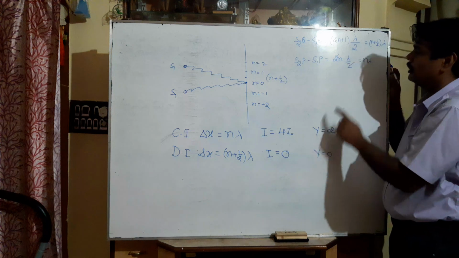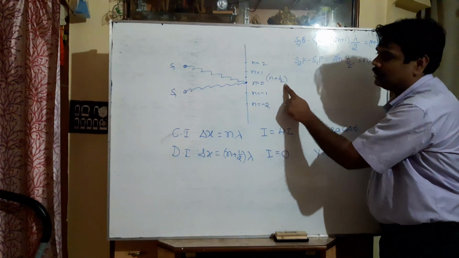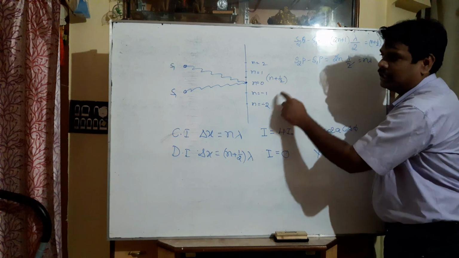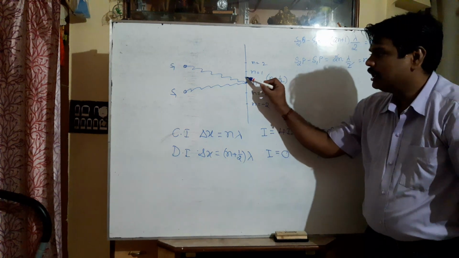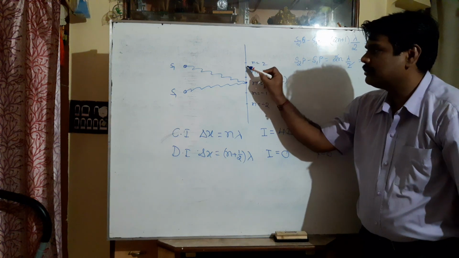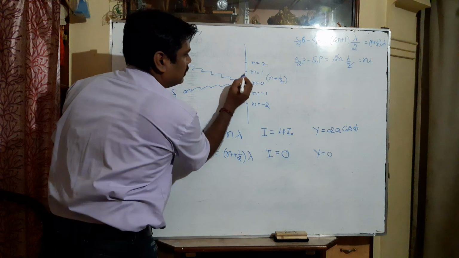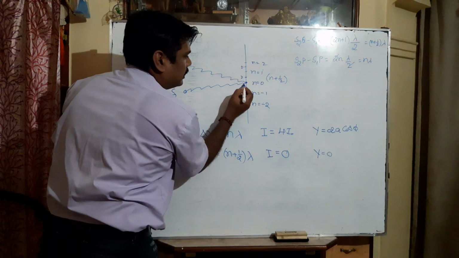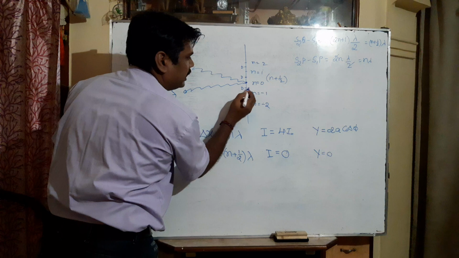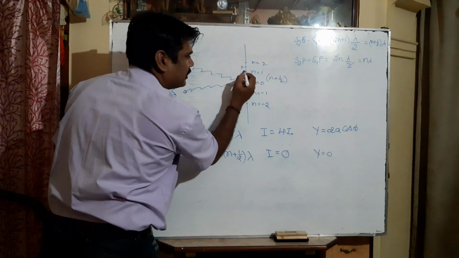Other than those points, if it is exactly added with a half, so n plus half, this is the midpoint between 0 and this one, and we will get destructive interference. Between these two points we get destructive interference. So this is the point where the destructive, here the destructive, here the destructive. And this is the point where the constructive interference occurs.